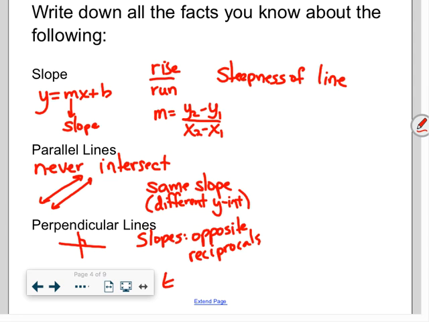And I'm going to put an example here. Like, I could say 2/3 and -3/2. So when we talk about perpendicular lines and that they have slopes that are opposite reciprocals, that just means, like if I have a fraction, I flip it as a reciprocal. Opposite means one's positive and one's negative.